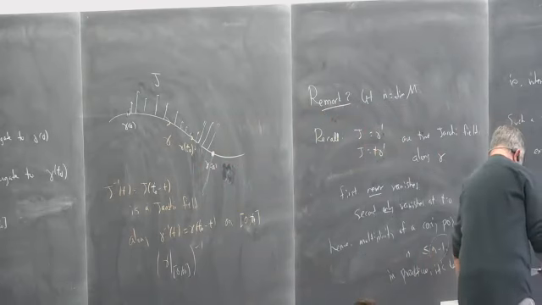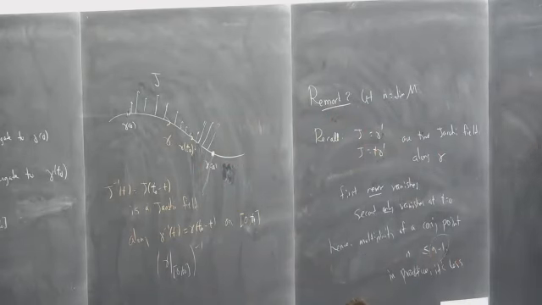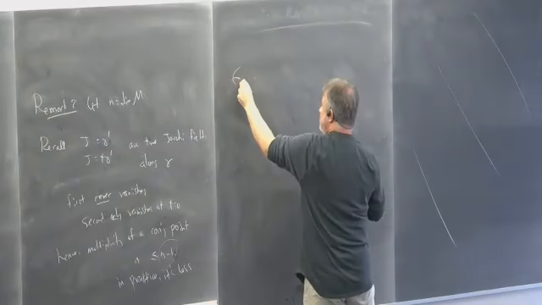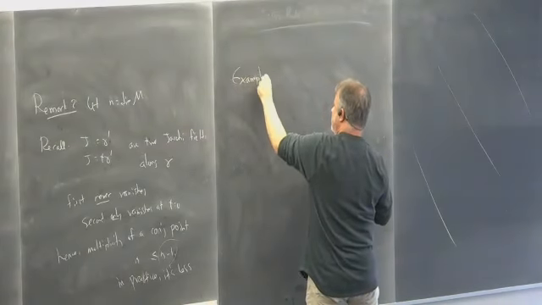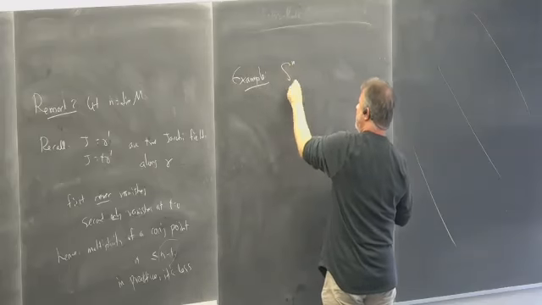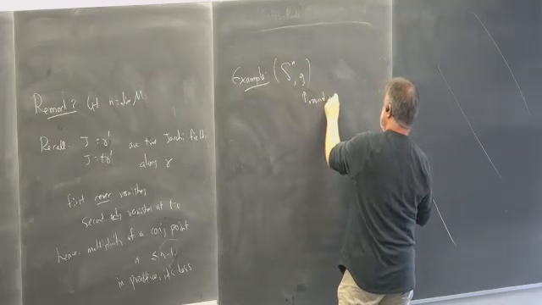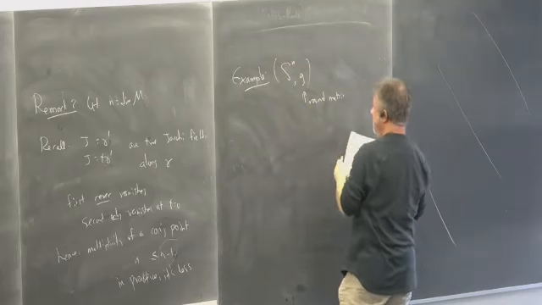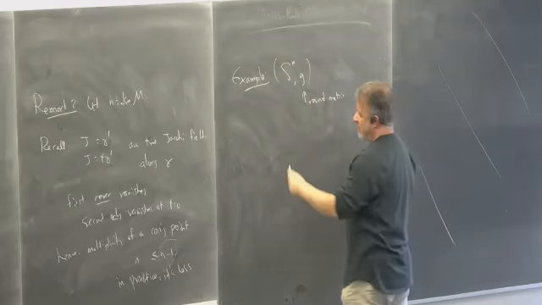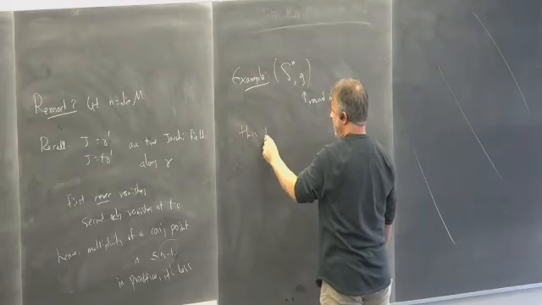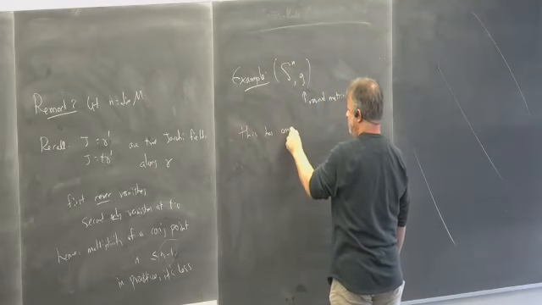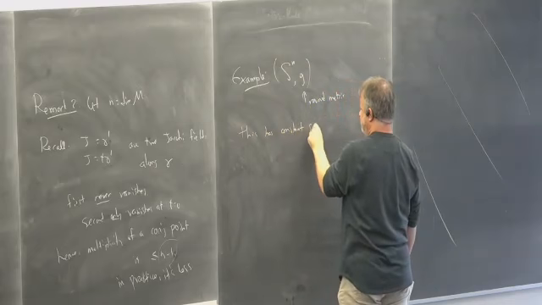Okay, so let's do an example of conjugate points. Let's take S^n with the round metric. As I told you when we talked about curvature, this has constant sectional curvature plus 1.